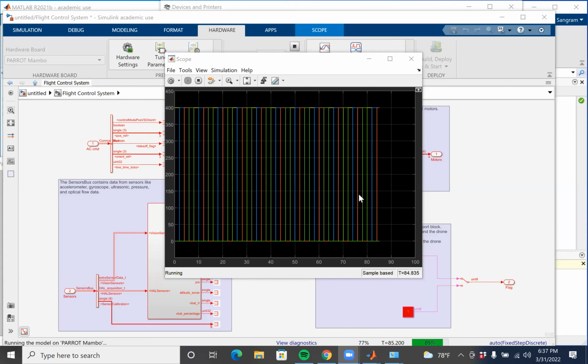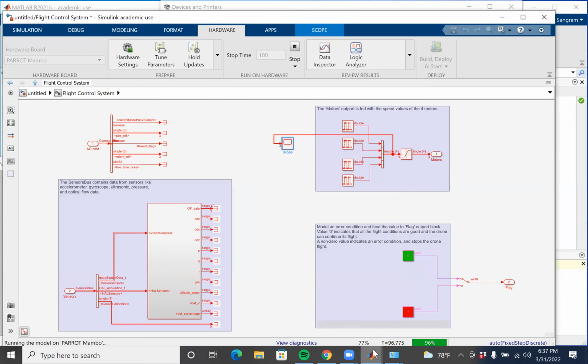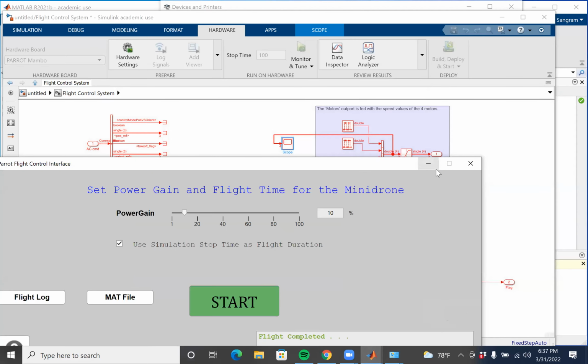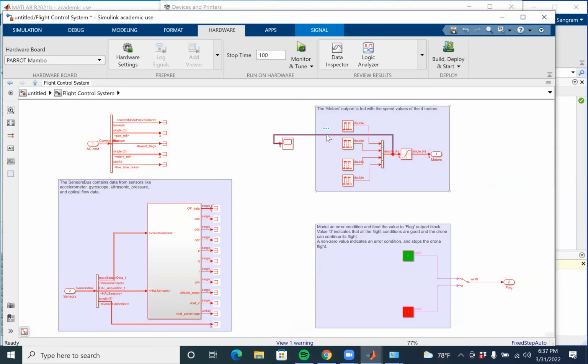Now, what is happening here? If you look at each PWM, I'm going to stop. Now what I want you to do is, you can delete this and just connect this to the first PWM. The reason I want to do this is, before you generate your own control signal, you can't generate a random PWM.